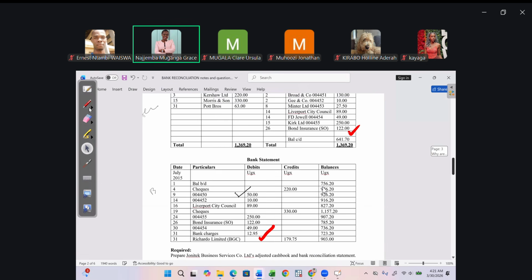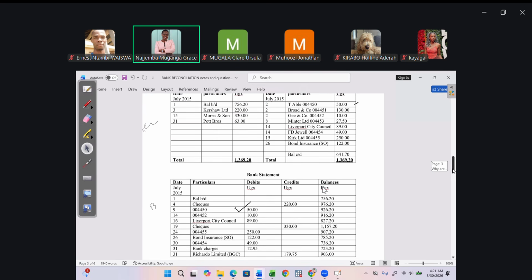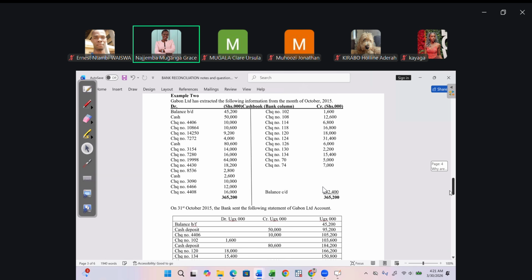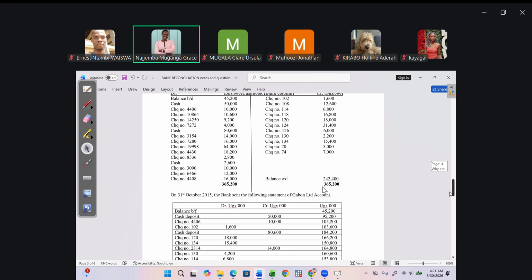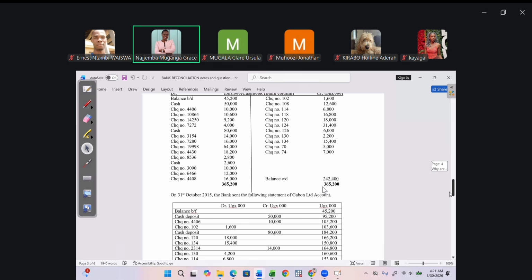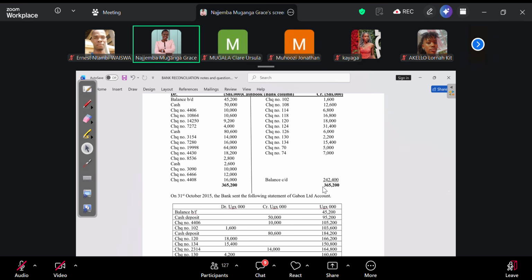Assuming that transaction does not qualify, for example, can we identify any here?